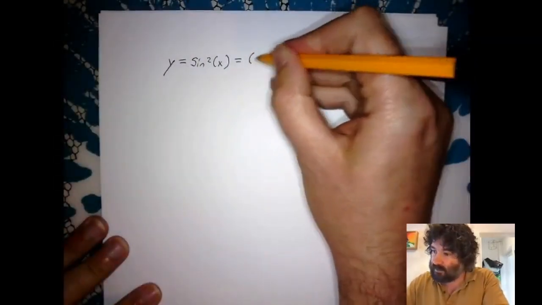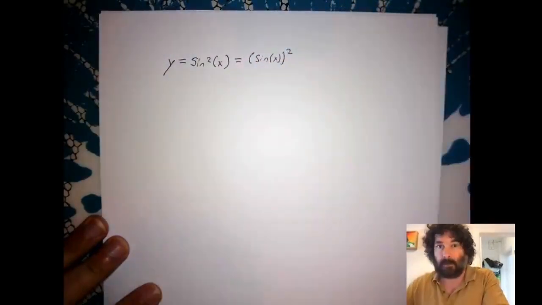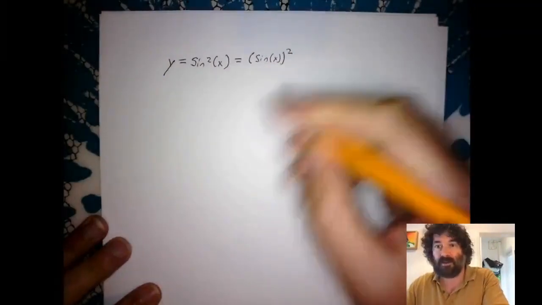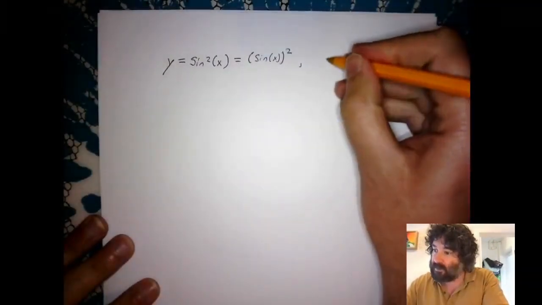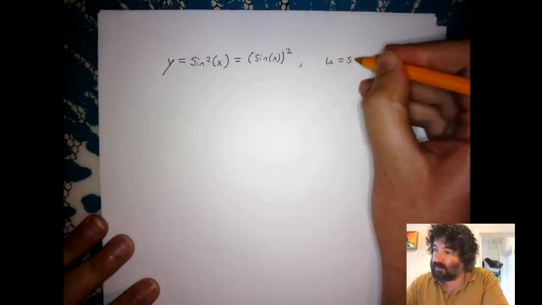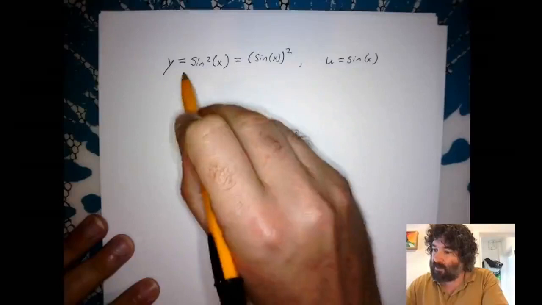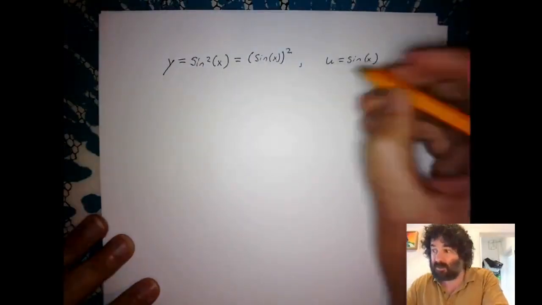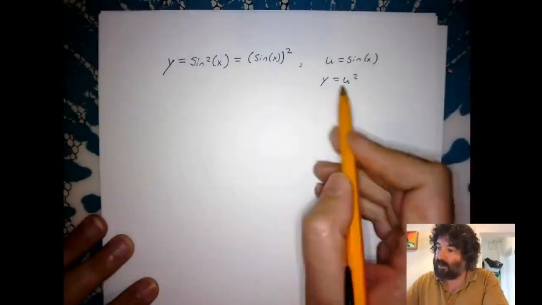So sine of x, squared. And so in order to write it in the form so we can apply the chain rule, we take u to be the sine of x, and when you do that, then y is u squared.